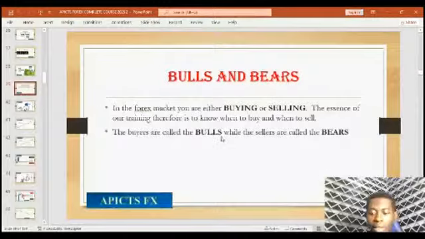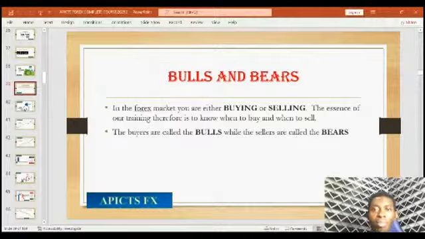Now, when you come to forex markets, there are basically two things that you can do. You are either buying the market or you are selling the market. When the market is buying, you should be buying. When the market is selling, you should be selling, because trend is your friend.